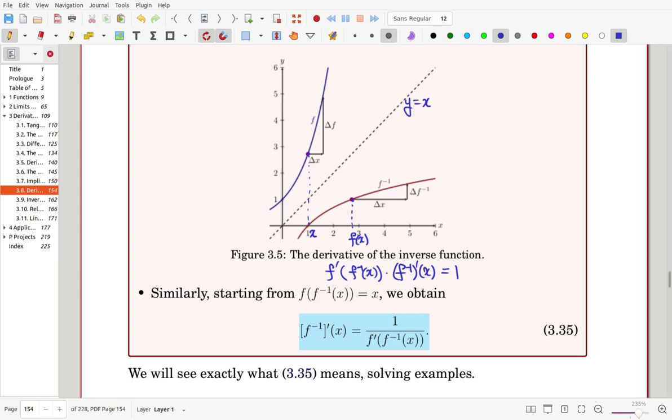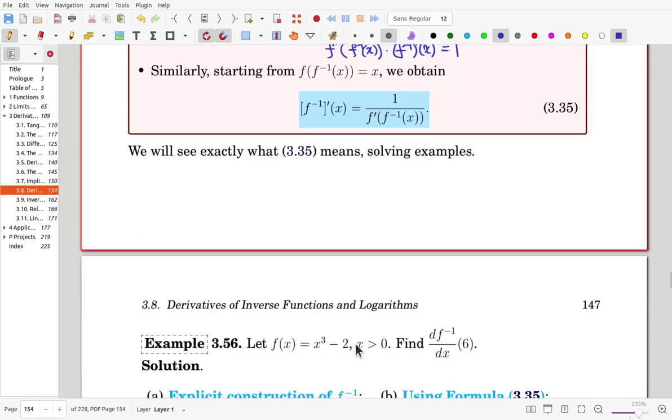Now, we divide the equation by that term, and we can arrive at this formula. We'll use this formula quite frequently when we are trying to get the derivative of an inverse function. And also I'll try to explain what the equation exactly means, while solving examples.